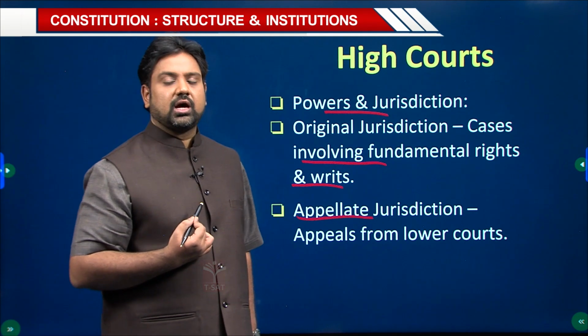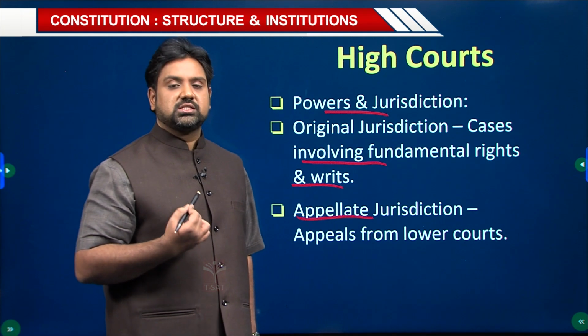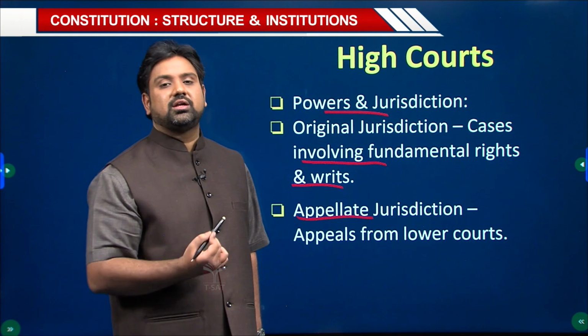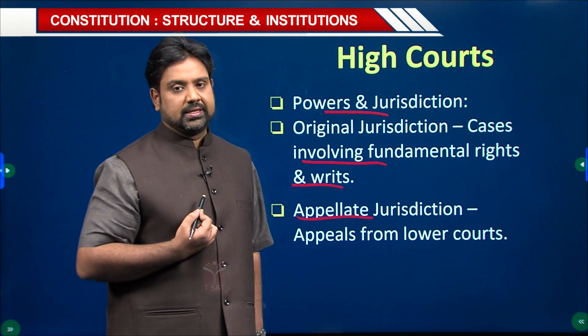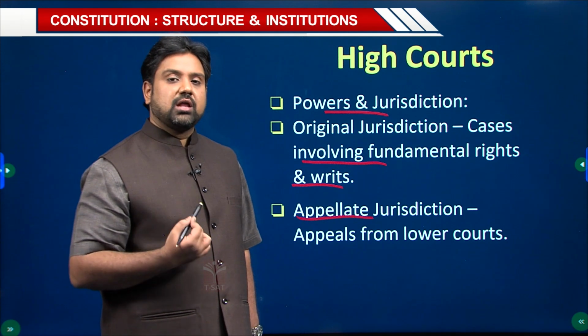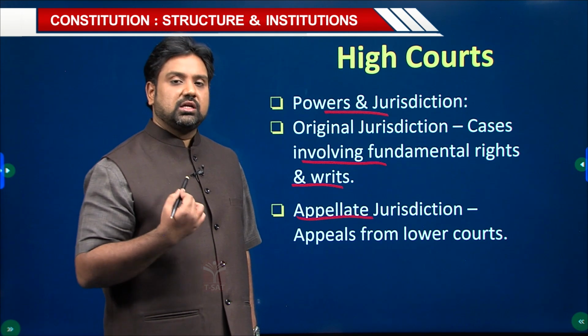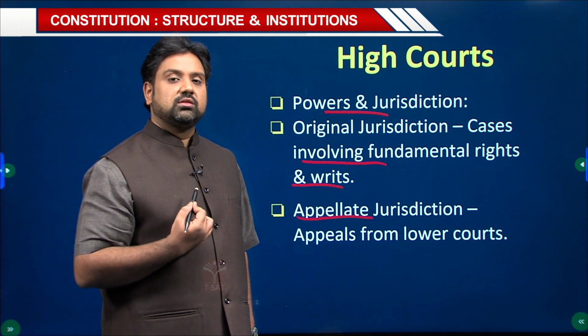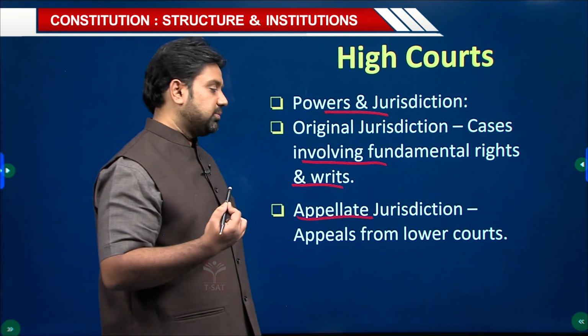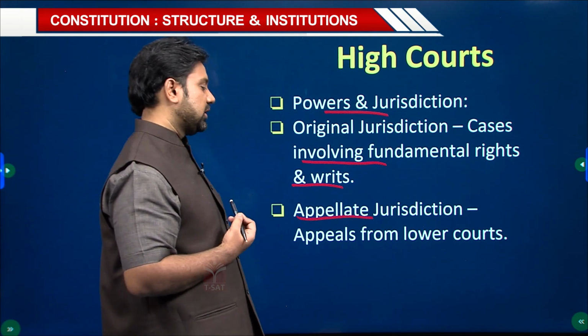The Telangana High Court can hear appeals against the judgments given by the subordinate courts within the territory of the concerned state. So, here we can see that the appellate jurisdiction can be exercised over the territorial limits, or it extends within the territory of that particular High Court.